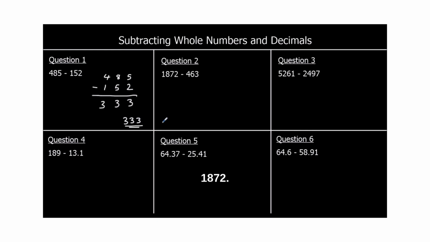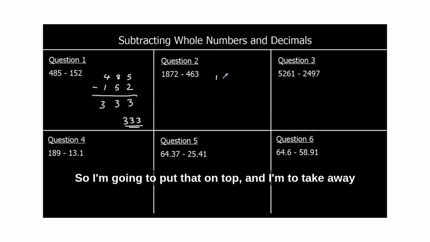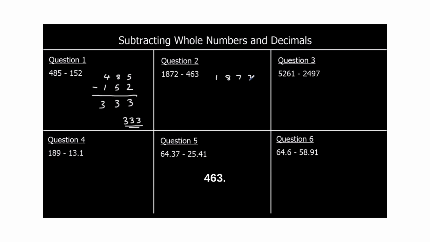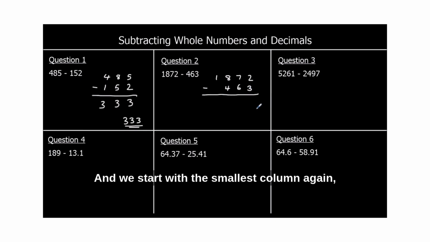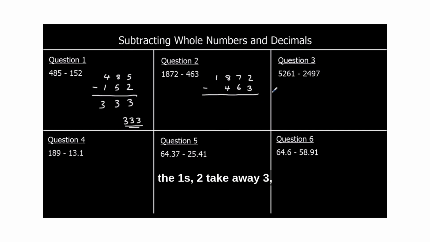Question 2, 1872. So I'm going to put that on top, and I'm going to take away 463. And we start with the smallest column again, the ones, 2 take away 3, I don't want to do. So I'm going to steal 1 of the tens, and that's going to be worth 10 in the ones column.